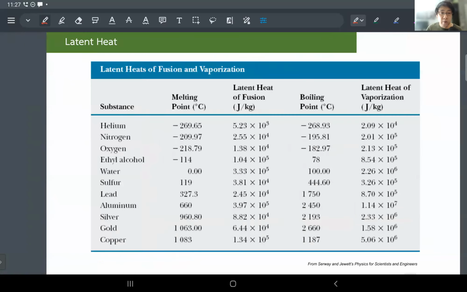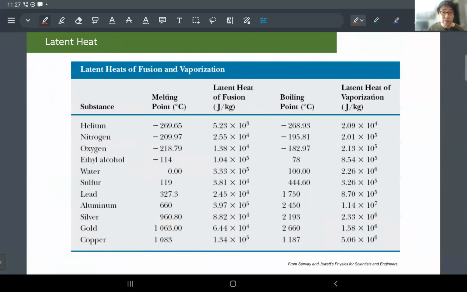So this table will give you an idea of how much you need for a phase transition. Let's focus on water, for example. For water at 0 degrees, everyone knows that's when ice melts, or when water gets frozen into ice. So the phase transition happens right here, and the latent heat of fusion is about 3.33 times 10 to the fifth.